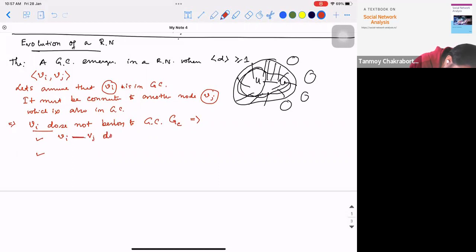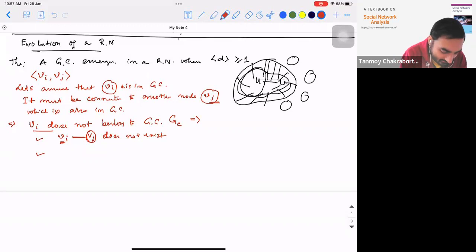Because I have already mentioned that Vj is a part of the giant component. Now, if Vj is a part of the giant component and Vi is not, that means this edge doesn't exist.